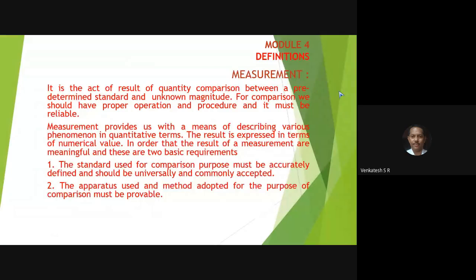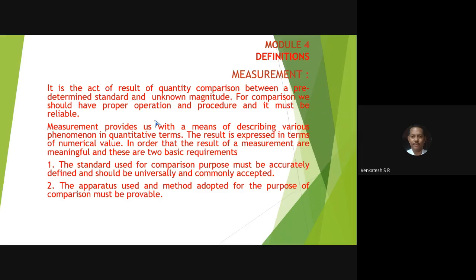The first definition is measurement. Measurement is the process of measuring the unknown magnitude with the known magnitude. You have a standard procedure for measurement. For example, I ask you to measure 100 millimeter of shaft. How do you measure?